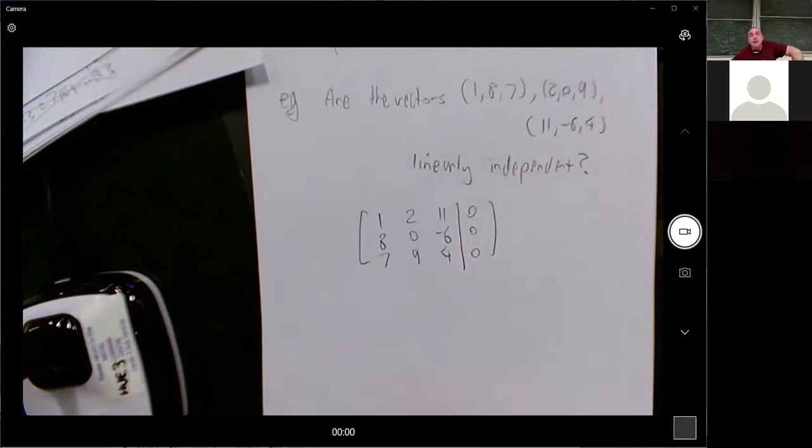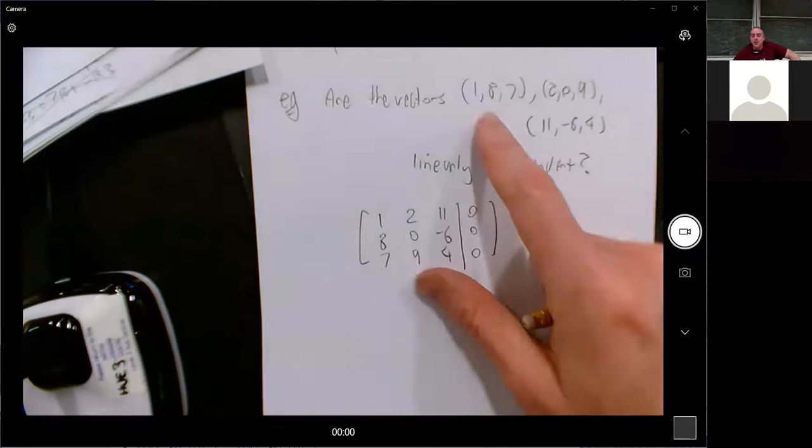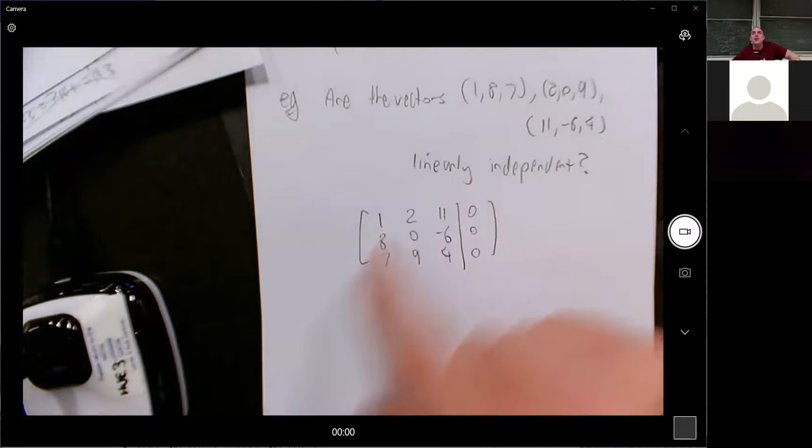So technically, it does not matter what order you put them in. You will get the same result either way. It might make it easier or less easy to do the row operations if you put them in a different order. Nice to put the one with the 1 in it just here because then I've already got a 1 in the right spot.